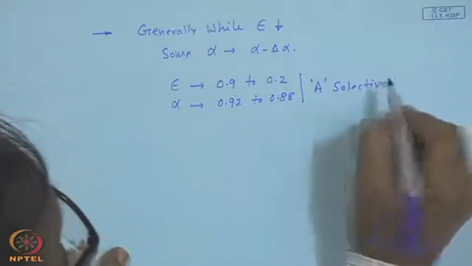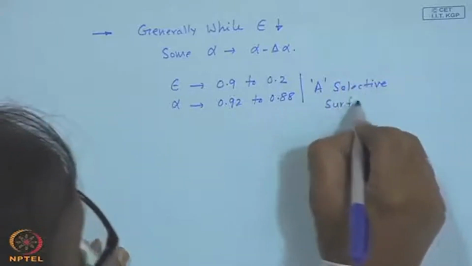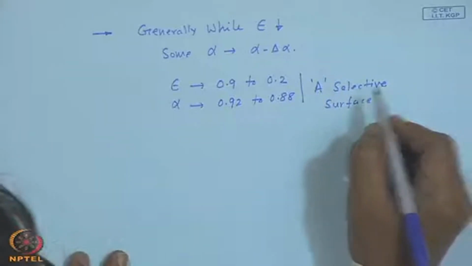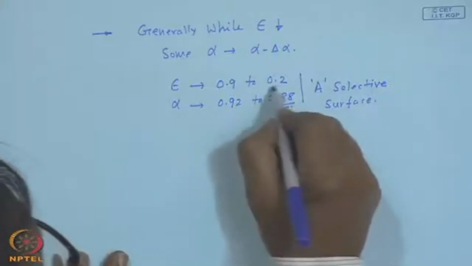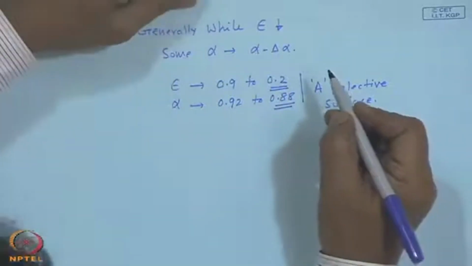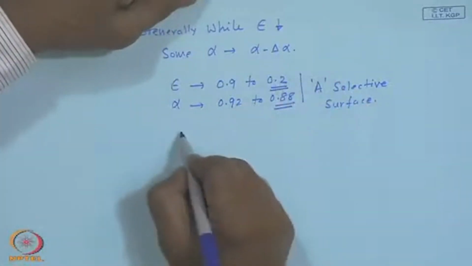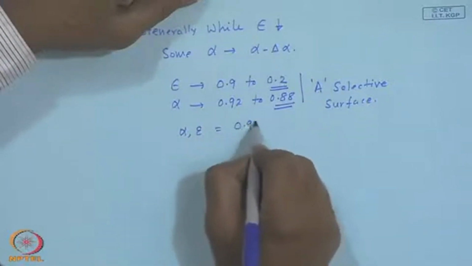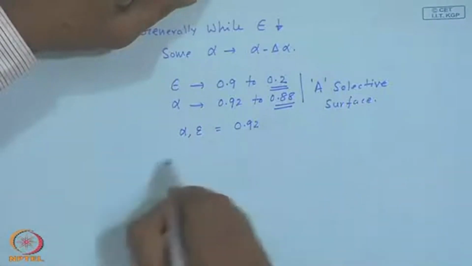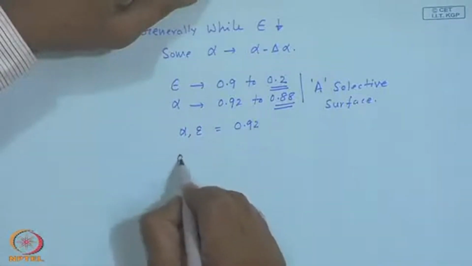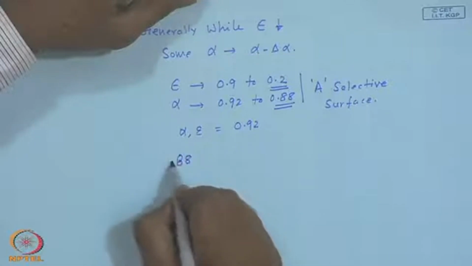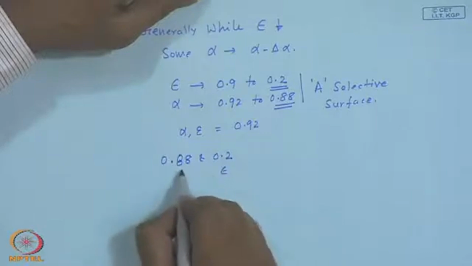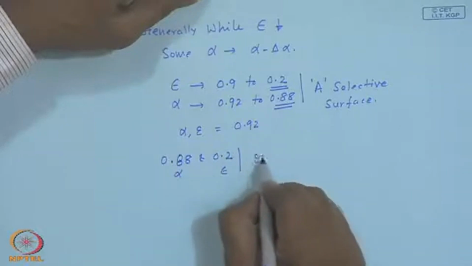No doubt it satisfies the criteria that alpha solar is high and epsilon IR is low. But if you consider the original thing, that would have been alpha and epsilon both 0.92, is this 0.88 and 0.2 epsilon better?